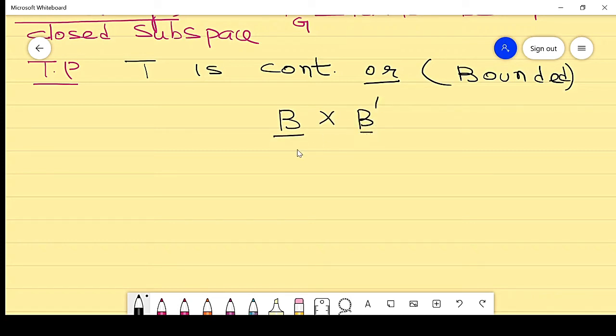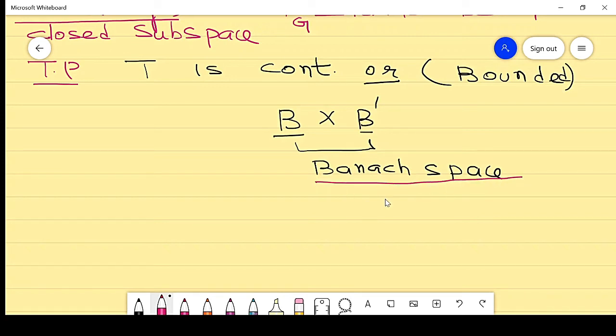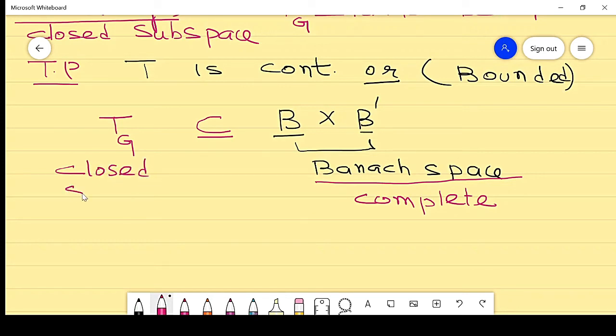This is a Banach space. Then this entire product is a Banach space. If the entire product is a Banach space, then it is complete. On the other hand, this Tg is closed, which is a part of this, so this is a closed subspace, right?